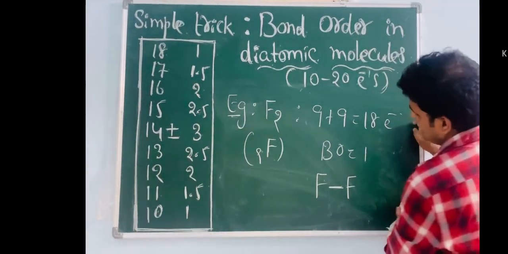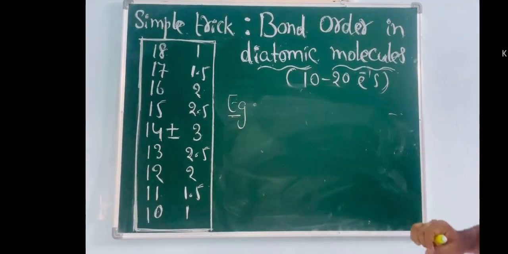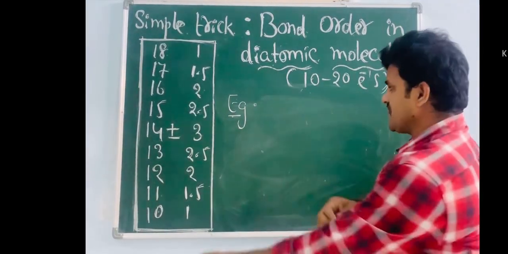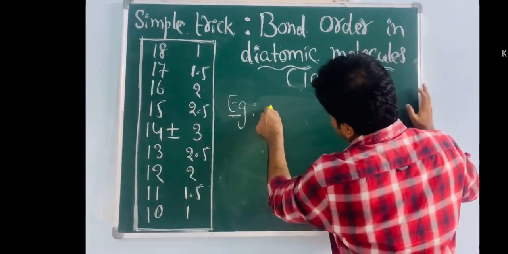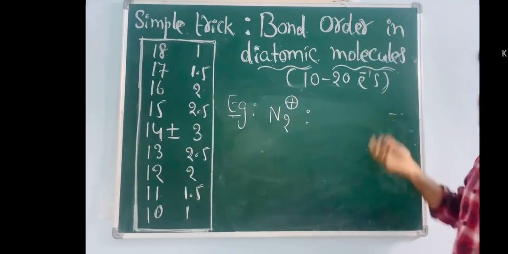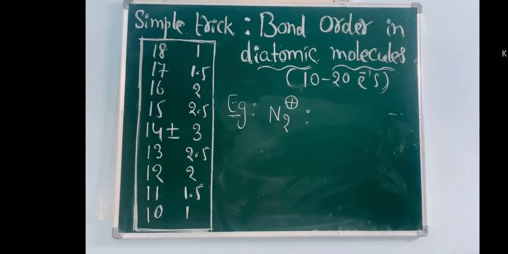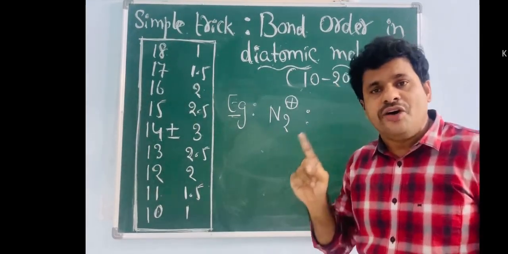Next one students, this simple trick can also be applied for 10 to 20 electron charged species. For example, positively charged species like N2 plus. What is the bond order of the N2 plus species? Now students, here the positive charge indicates loss of electrons.